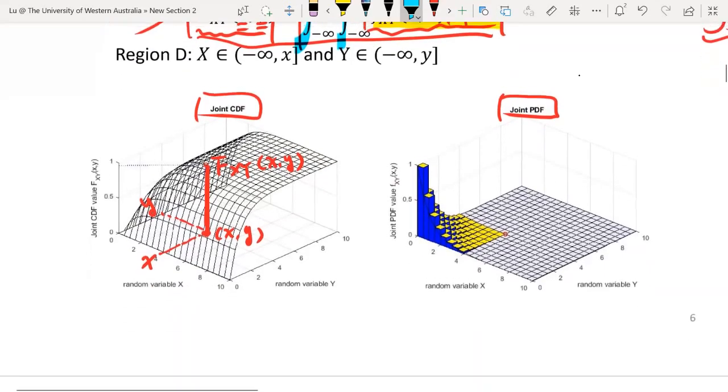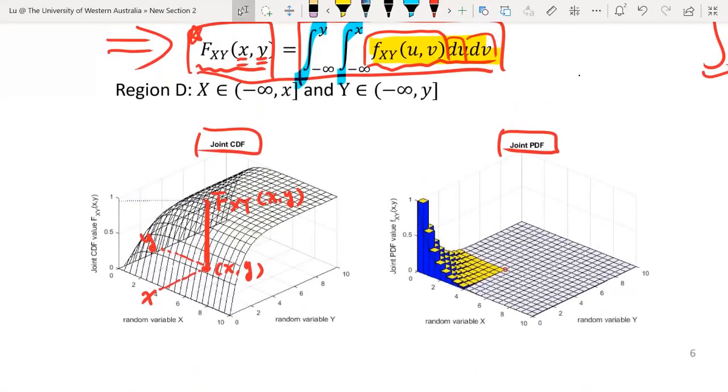So in this graph, let's just assume this is the x direction, and that is our y direction, and our so-called x point and y point remain the same. So this is the x, this is the y, and this point is x and y here.